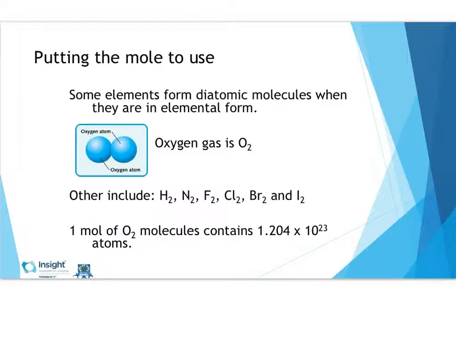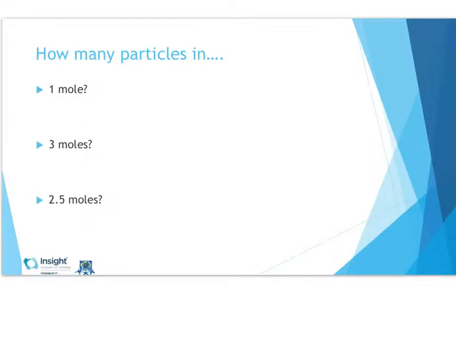A mole of those molecules has twice as many atoms as a mole of anything else because they're always in pairs. So a mole of the first atom is attached to a mole of the second one. So that number, the 1.204 times 10 to the 24th, is a typo, is something you might want to remember.